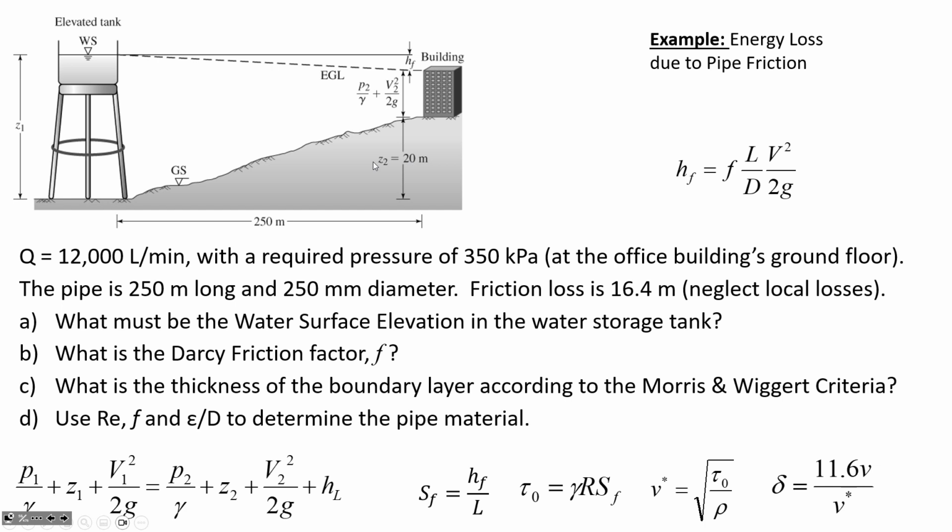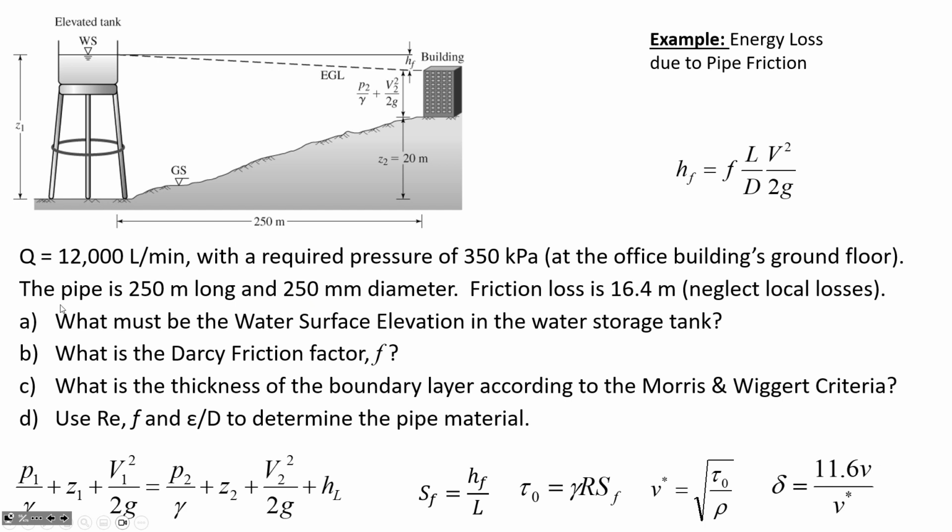So we want to know how high should the water surface in the tank be above that same datum, where we're going to assume that we have friction losses of 16.4 meters. So that's just a given. And the pipe is 250 meters long and 250 millimeters in diameter.